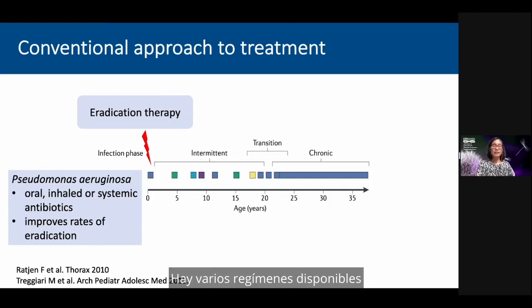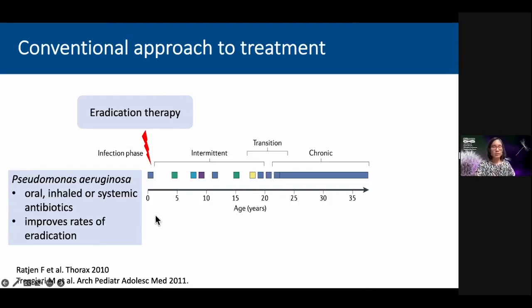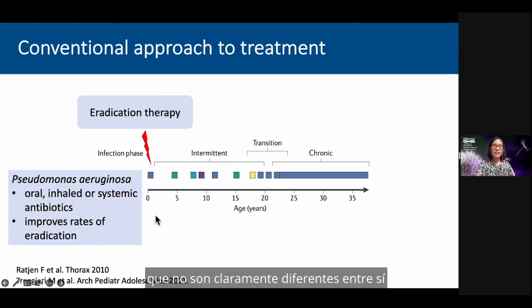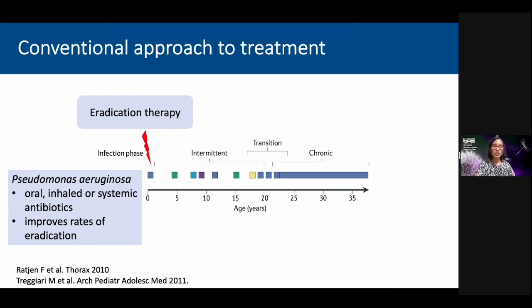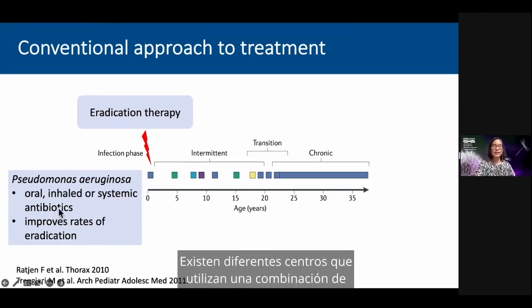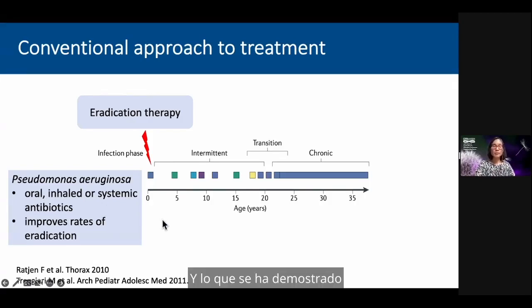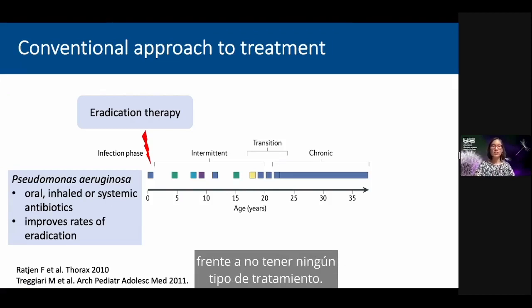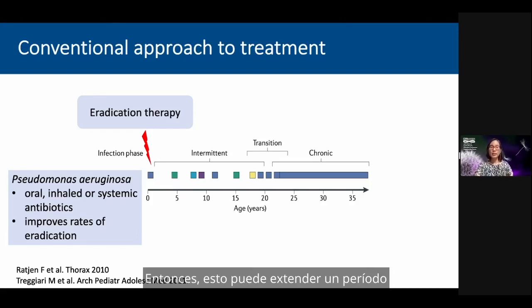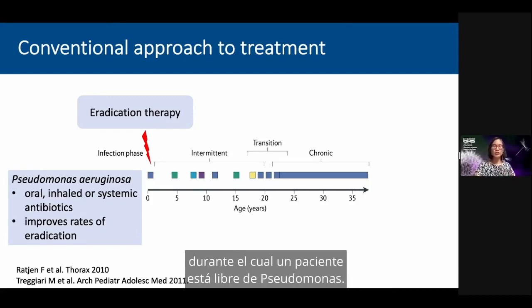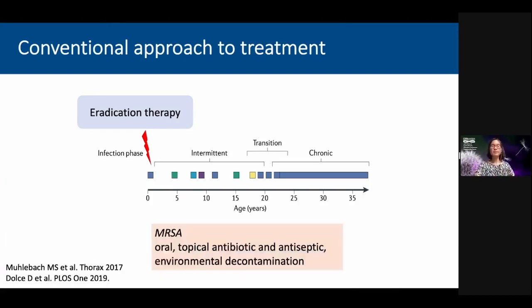There are several regimens available that are not clearly different from each other in terms of efficacy. Different centers use a combination of oral, inhaled, or intravenous antibiotics. It has been shown that this improves the rates of eradication of Pseudomonas compared to no treatment whatsoever, so this can extend the period during which a patient is Pseudomonas free.